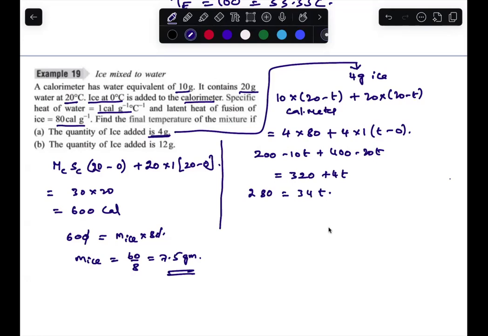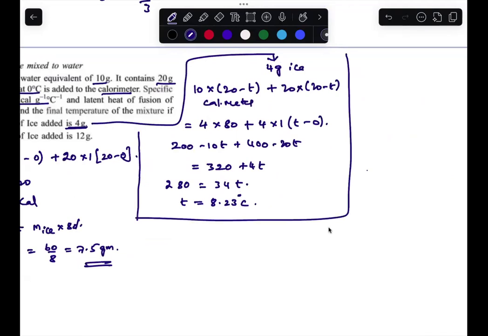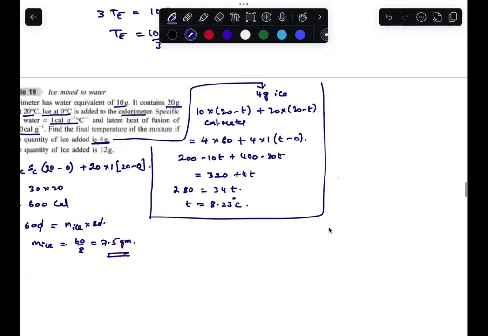So finally, what you want is 280 divided by 34. So the equilibrium temperature will work around some 8.23 degrees centigrade. Remember, this is the case where I am assuming 4 grams of ice as the given content.